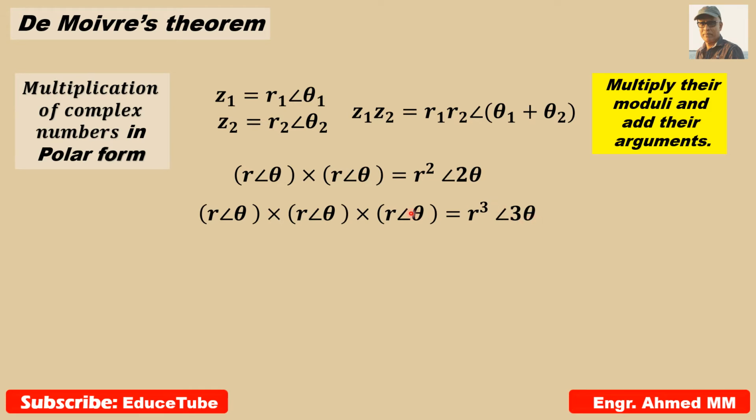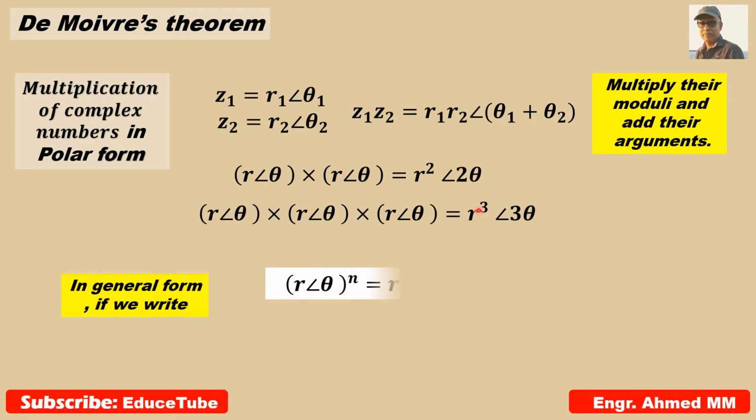Now the question is, if instead of 3 we put n, what will be the result? Surely it will be in general form, and in that case we can write this to the power n equal to r to the power n and n theta.